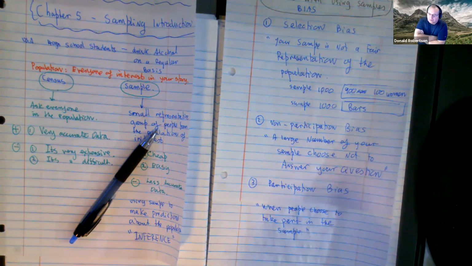And so what you do to collect your information is that you go to a casino and you watch people and you register how many are vaping and how many are not. Why? What's wrong with that sample?